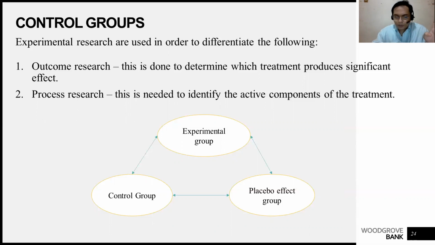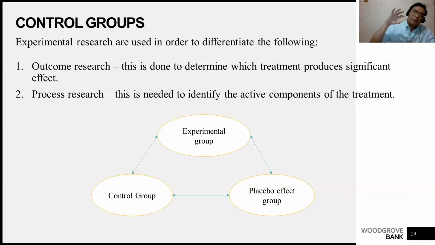So going back to the different kinds of control groups, both the experimental and control group are necessary. The placebo effect group is used in order to have a record of how people would act if they supposedly took the treatment.